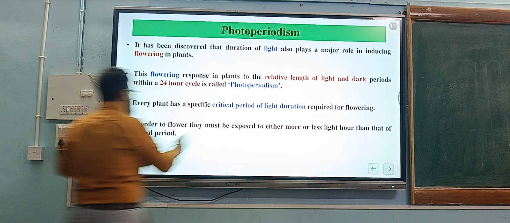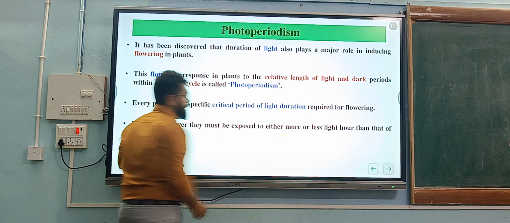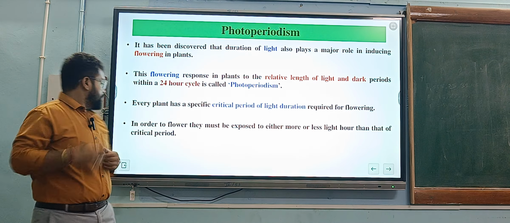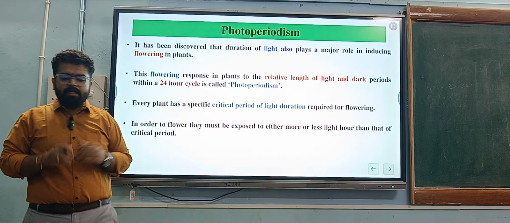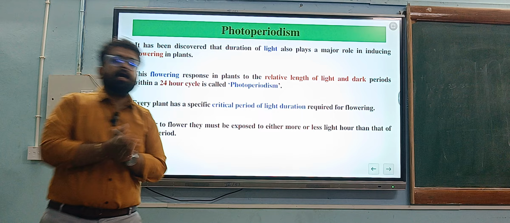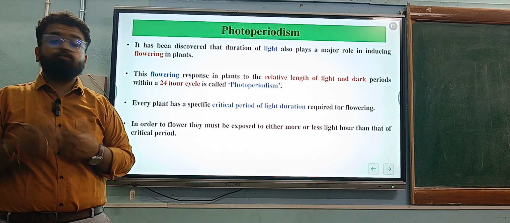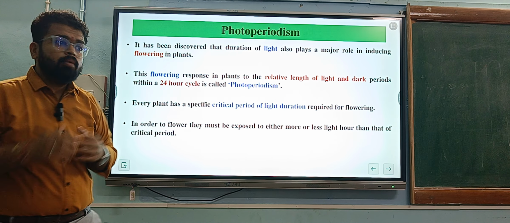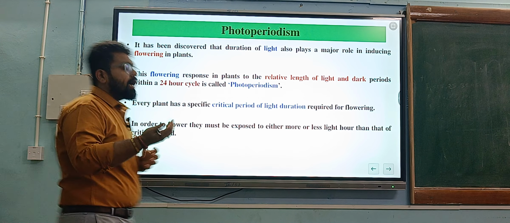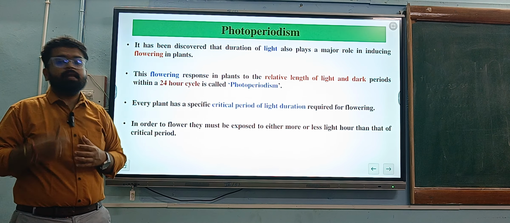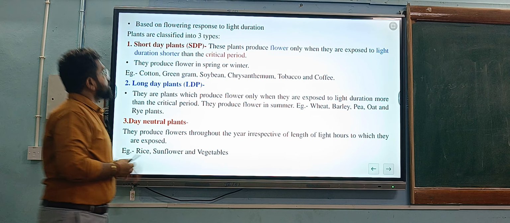In order to flower, they must be exposed to either fewer hours or more than a critical period. Based on that, we have classified the plants into short day plant, long day plant and day neutral plant. So the response of the plant to day and night determines its ability to flower.